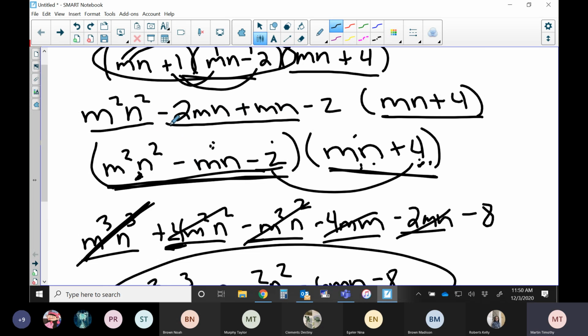Do you see this right here? Yeah. What do you see about it with this guy right here? What are those 2 things called? Like terms? And I combined those, so I had a negative 2. I added 1, that got me a negative 1 of them. That's the only thing I did from that step to that step. I just combined these 2.